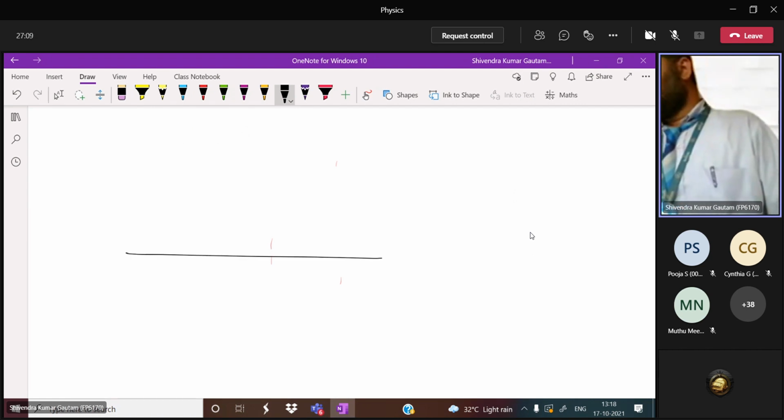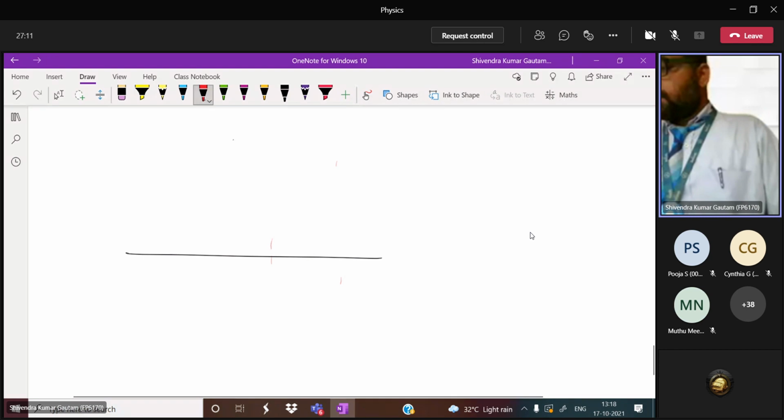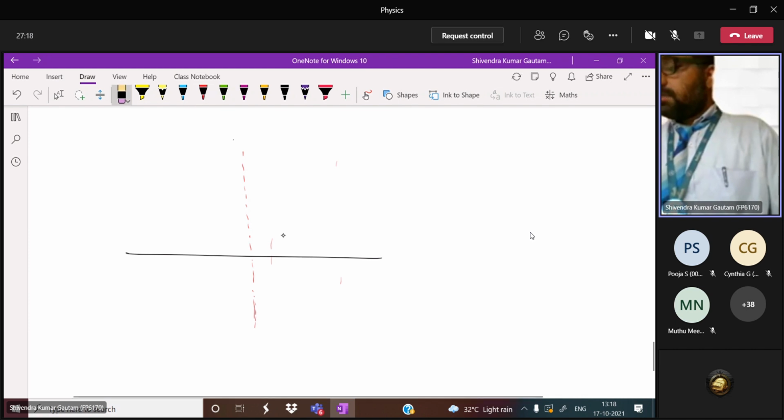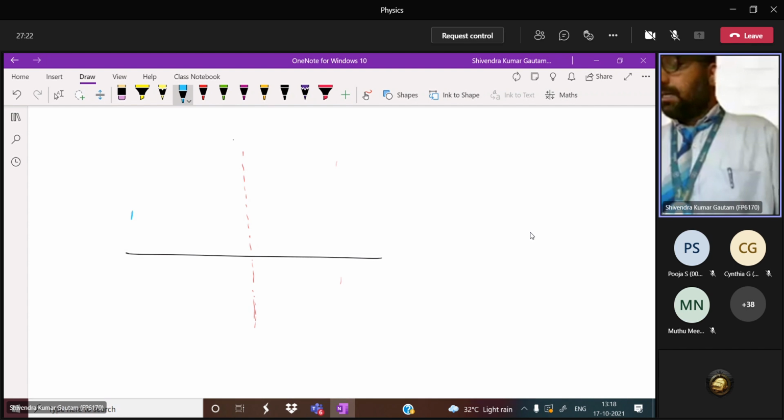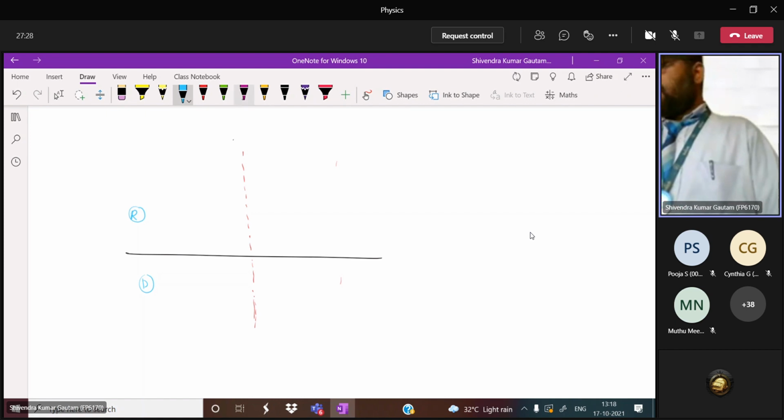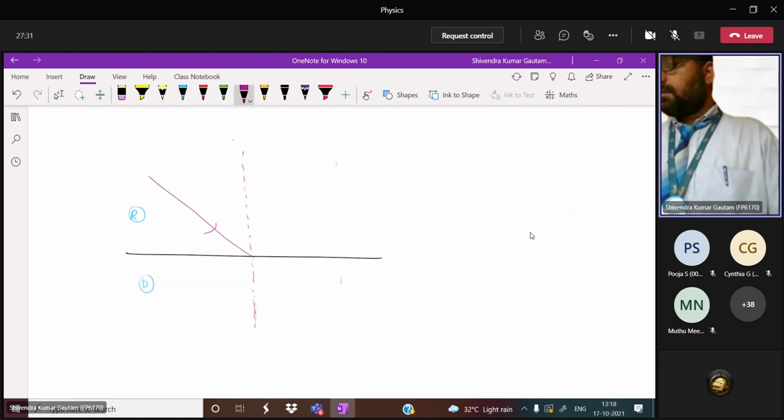The ray goes from rarer to denser. This is the normal. This side is rarer, this side is denser. The ray goes from rarer to denser, so it bends towards the normal.